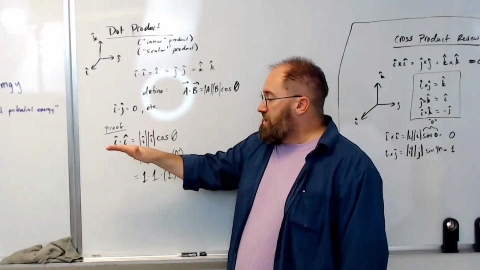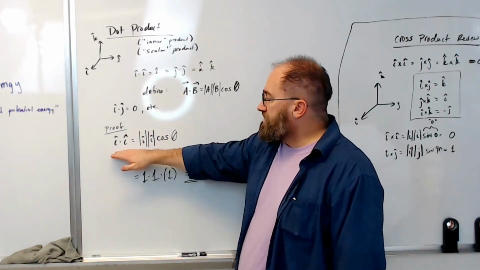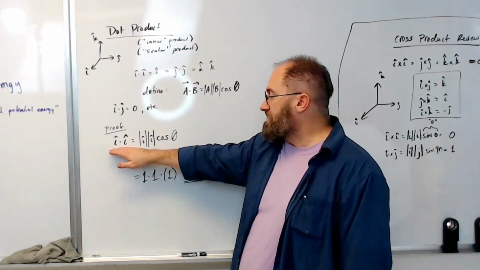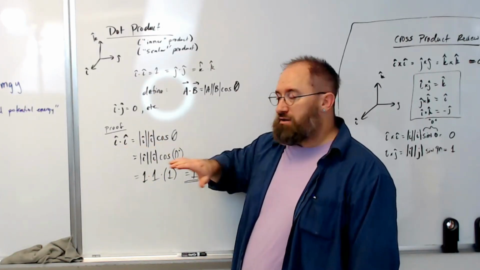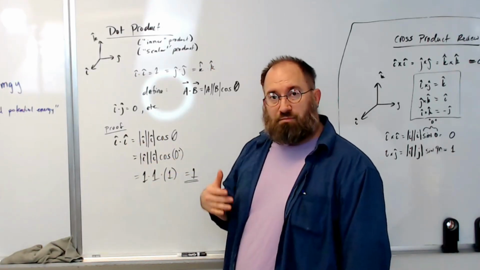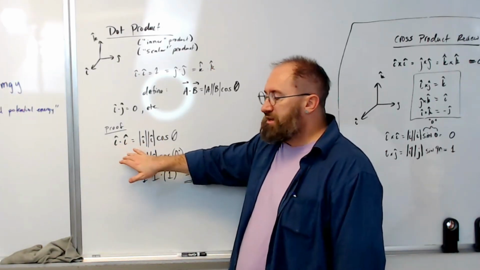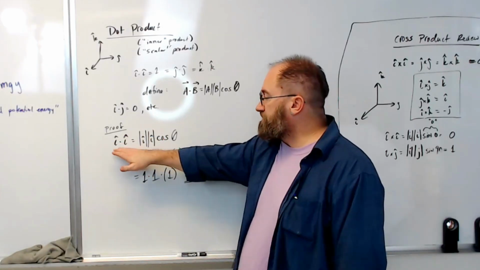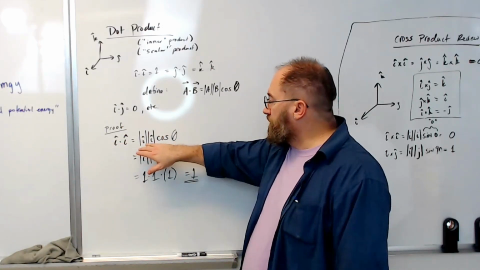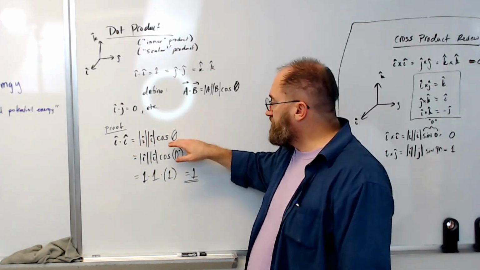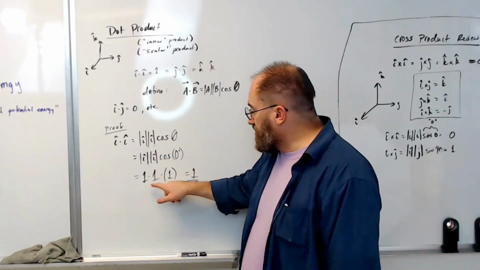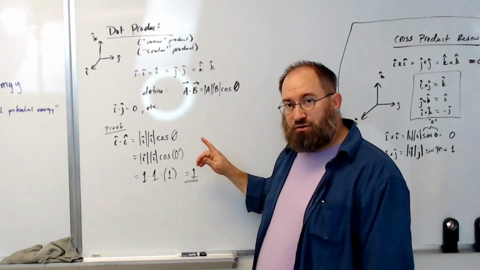So if we write down i hat dotted into i hat, these two vector components are going the same direction, then the magnitudes of those two are multiplied, and the cosine of the angle between them, which is 0, gives us 1. The magnitudes of these is also 1, and we result in a scalar value of 1.